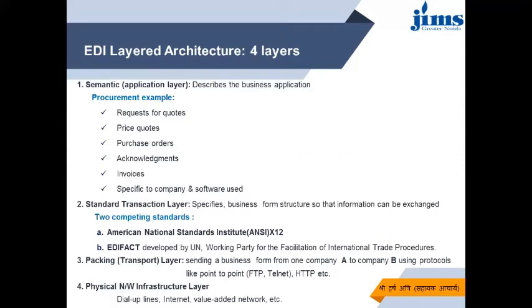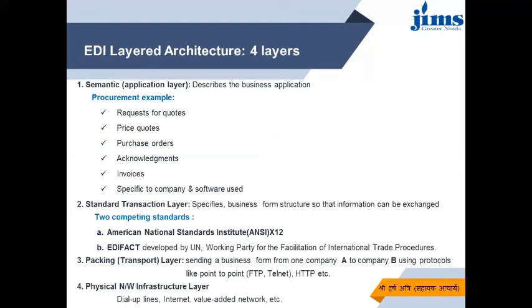Now what comes in the backend? When you put your request to the application layer, then the second layer comes: the standard transaction layer. This specifies business form structure so that information can be exchanged. After filling from the application layer, whatever form you have filled translates either into American standards or EDIFACT.